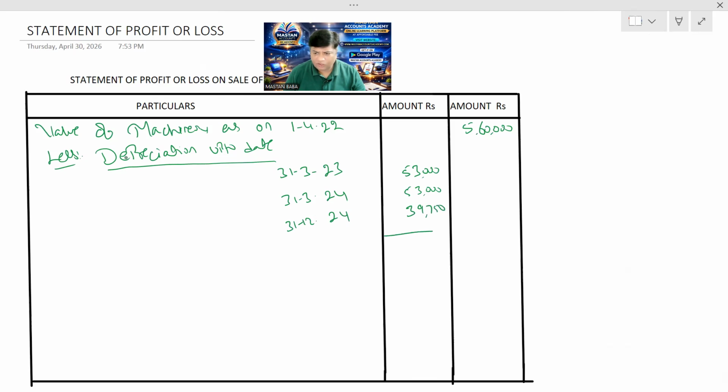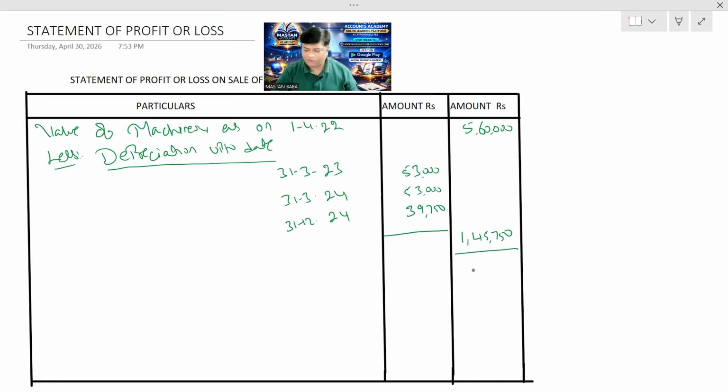Just make the total: 53,000 plus 53,000 is 1,06,000, 1,06,000 plus 39,750. Calculate it. So 1,45,750.